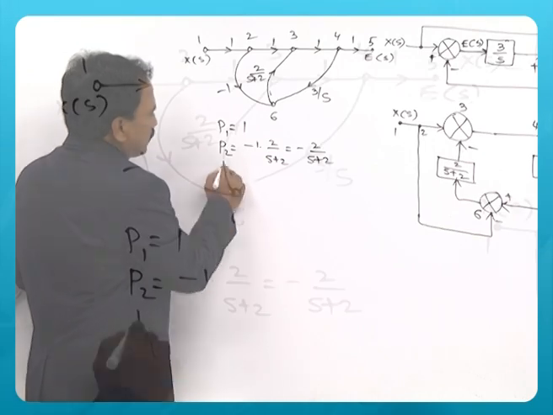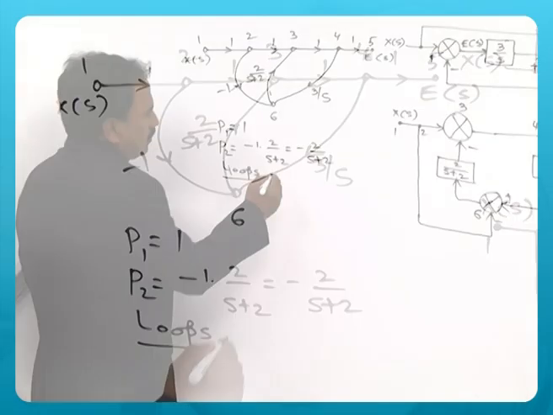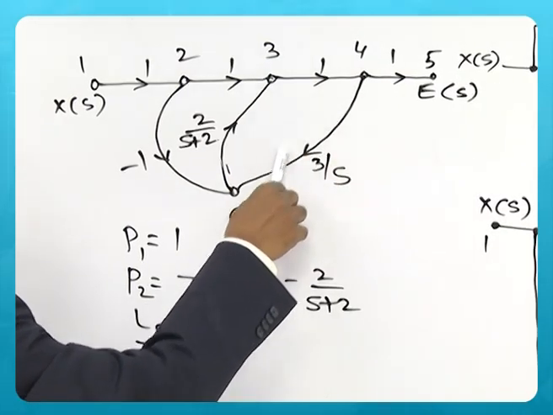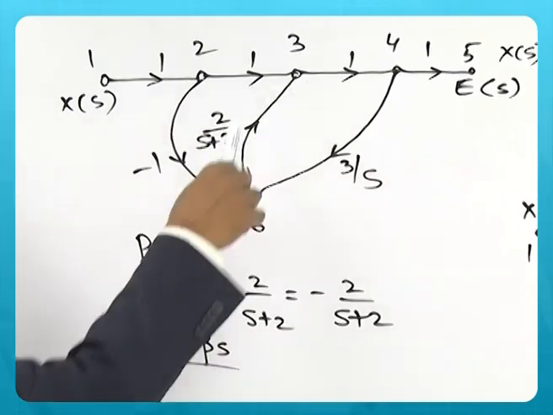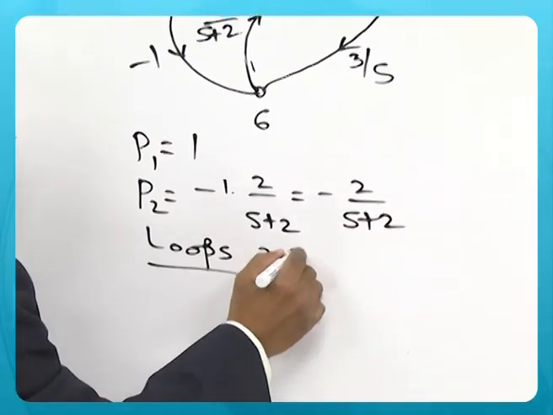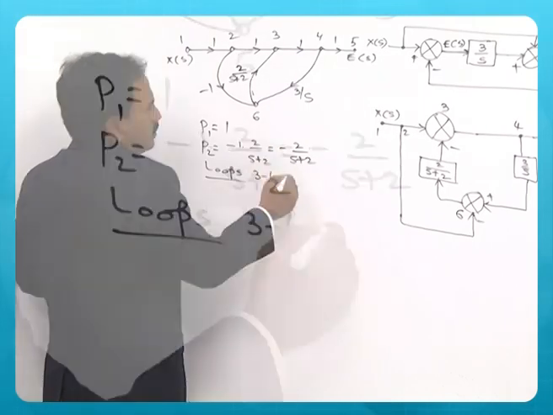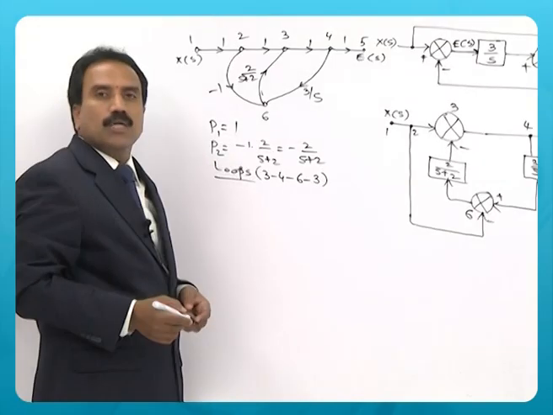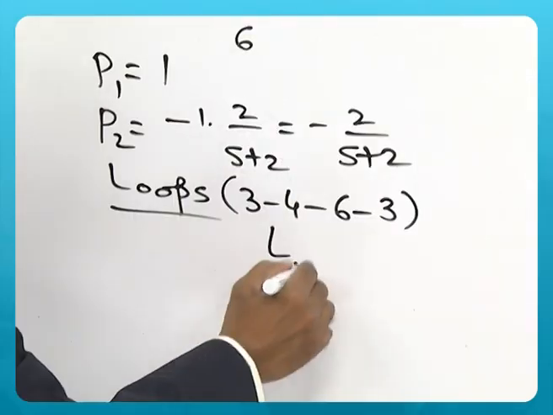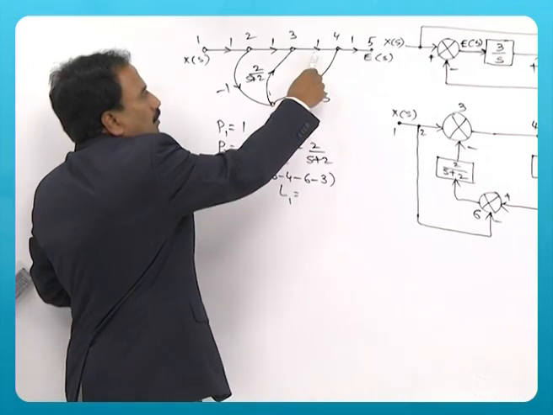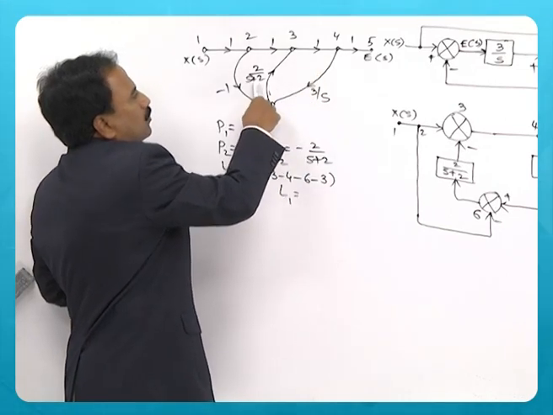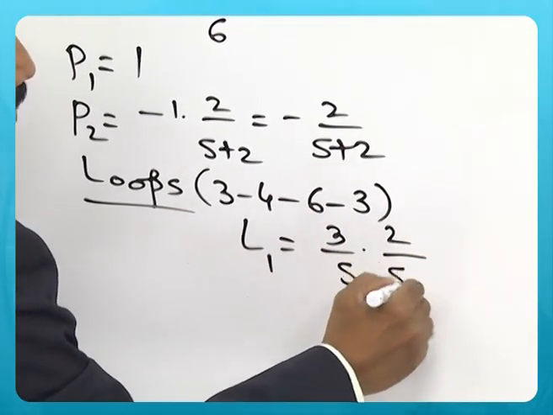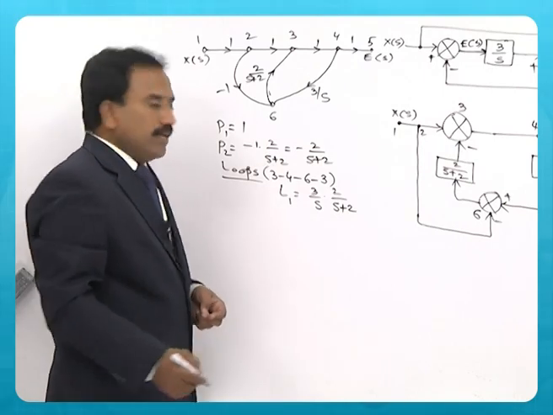Now you need to identify the number of loops. In this example, you can see the path 3, 4, then via 6 and back to node 3. This is the loop. What is its gain? L1 is the product of 1, 3 by s and 2 by s plus 2, so 3 by s into 2 by s plus 2 is the loop gain.